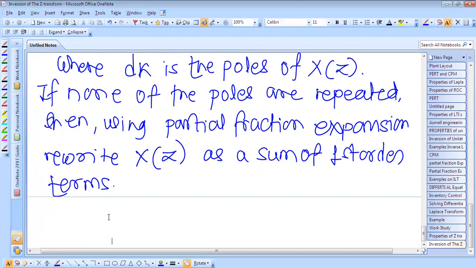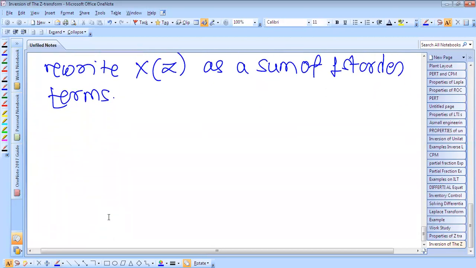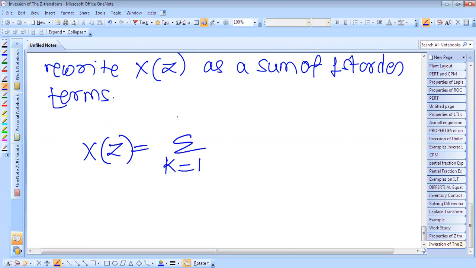Therefore, we can write X(z) is equal to summation k equal to 1 to n of Ak divided by 1 minus dk z raised to power minus 1.